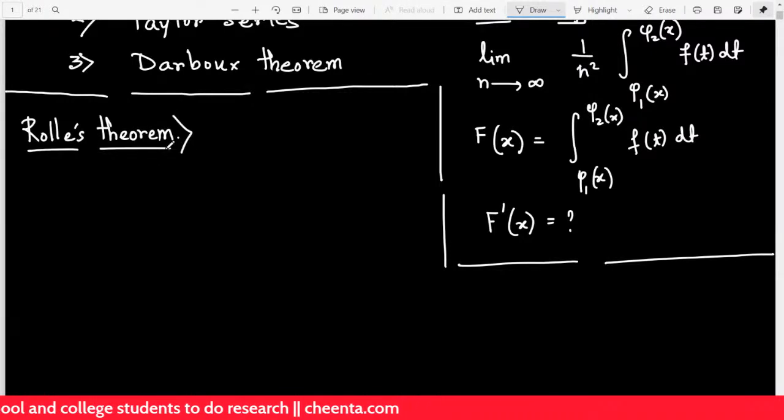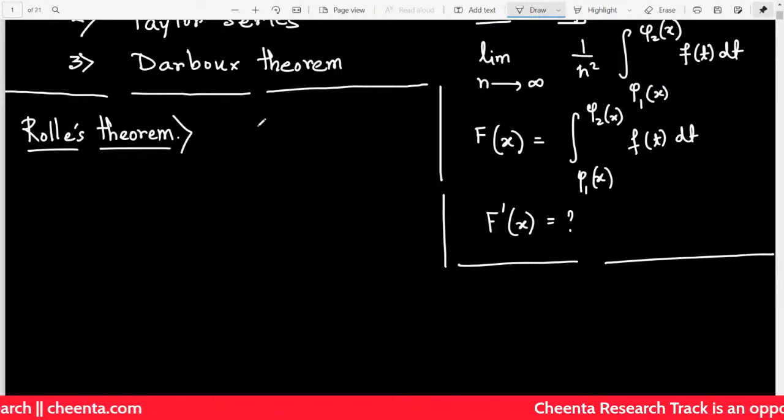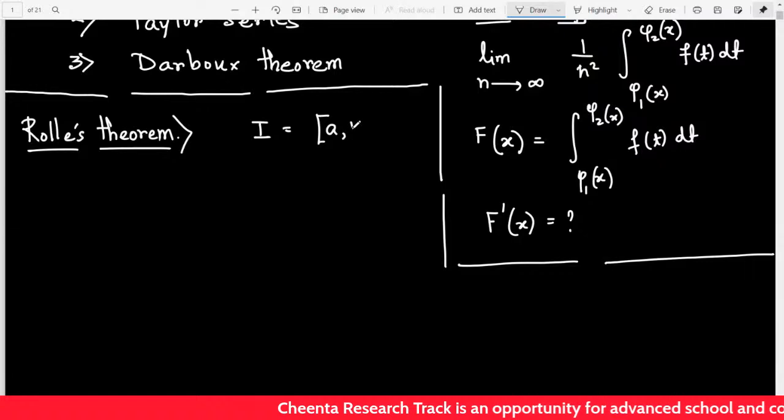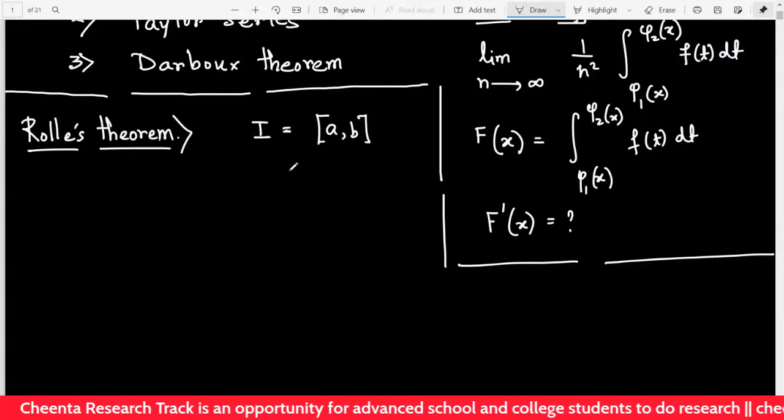Okay, so what does this theorem tell us? Whenever I write I, it means that it is a closed and bounded interval. So I is always a closed and bounded interval.